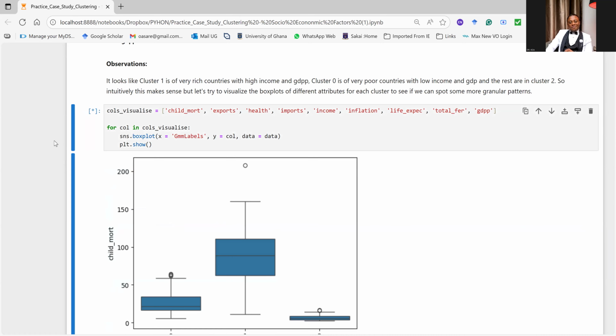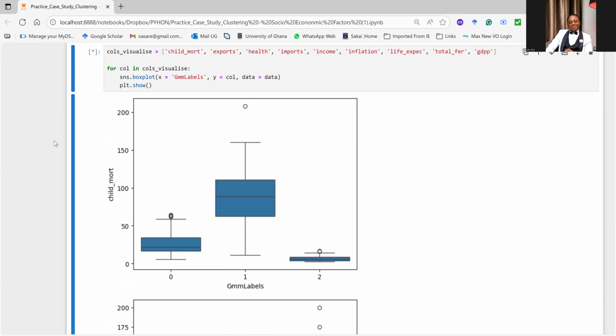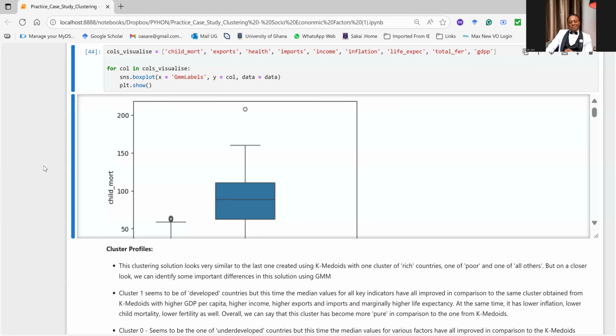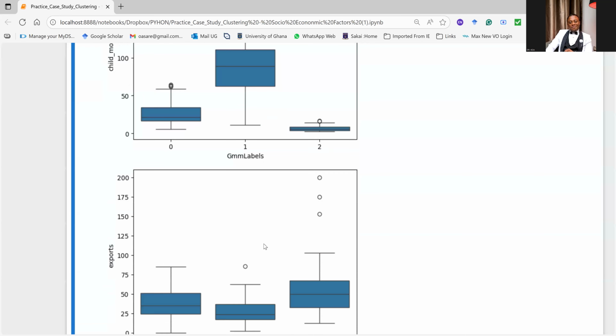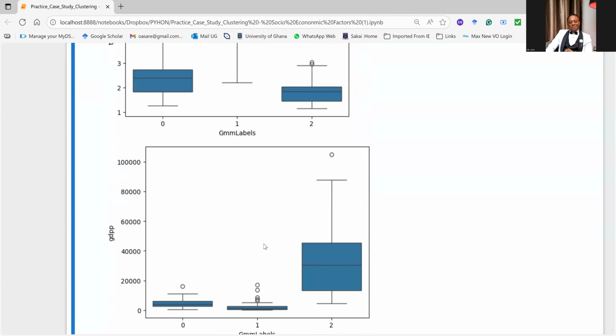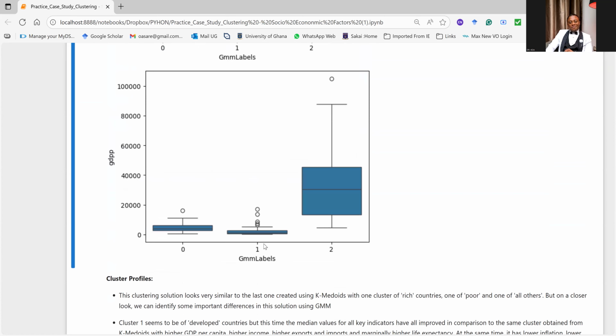So when it comes to each one, like child mortality, you can see clearly that cluster 2 is the truly wealthy country. It is matching significantly with the last one, GDP for each of the clusters. You can see that cluster 2 is leading, and cluster 1 is truly the poor one.